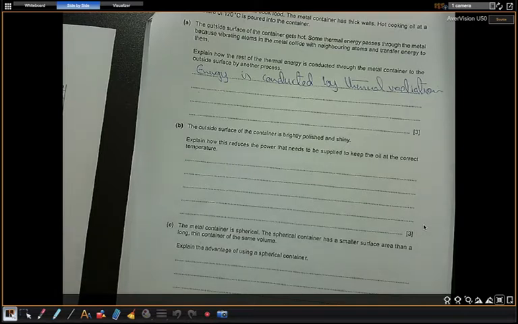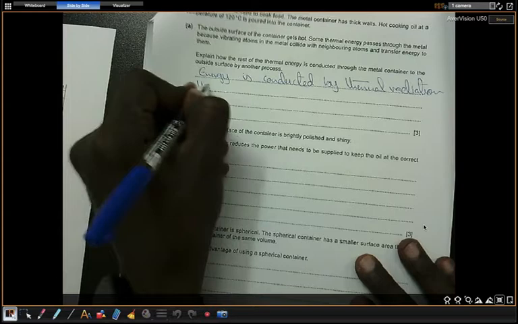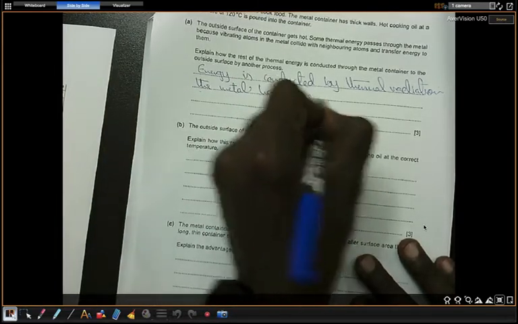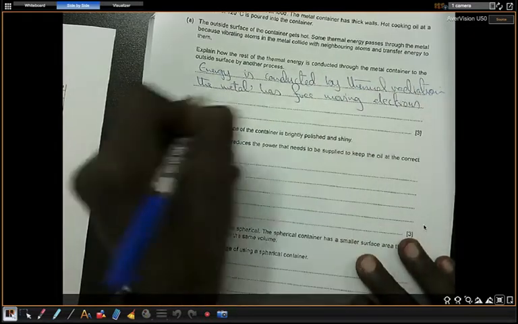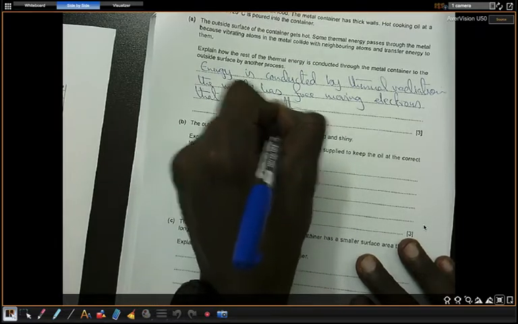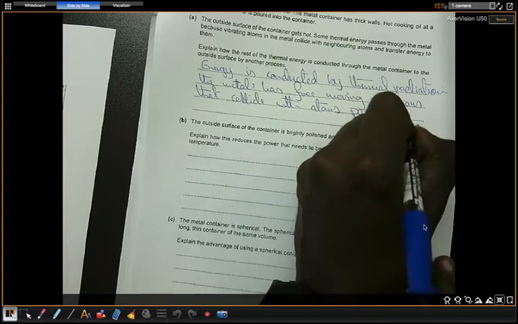I think we can talk about free moving electrons. I think free moving electrons, we can do that. We can say that the metal has free moving electrons that collide with atoms passing on the heat.